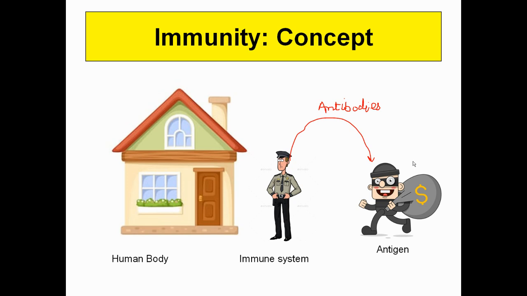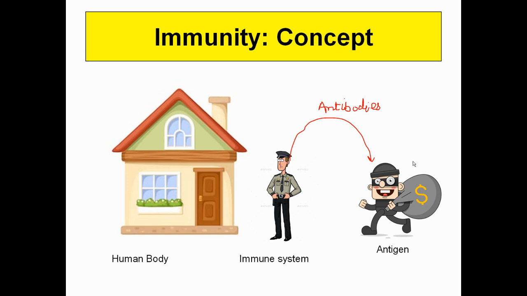So the house means the human body, the immune system is the guard, and antigens are the robbers which can come to the body or the house and harm it.